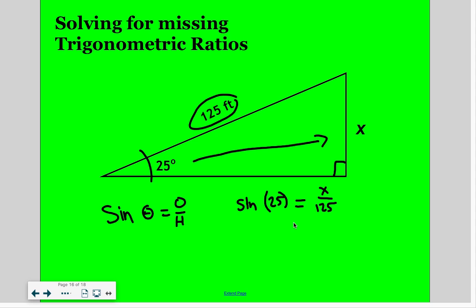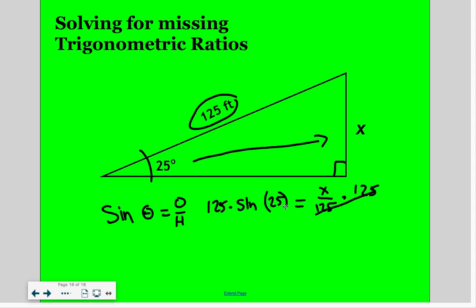All right, so to solve this, once again, you're going to have to multiply the 125 over to the other side. And in doing so, that's going to enable you to keep x by itself. So if I multiplied both sides by 125, this is your standard algebra. You're going to cancel that out, and you'll end up with 125 sine of 25. So once again, you type that into your calculator.